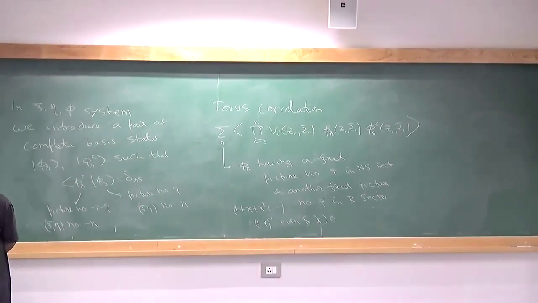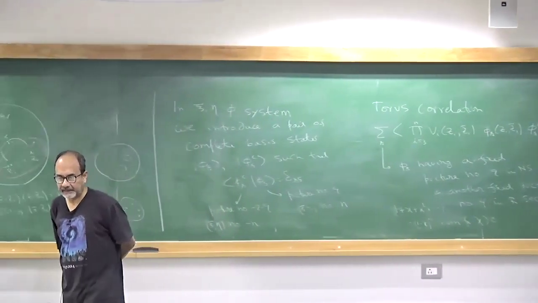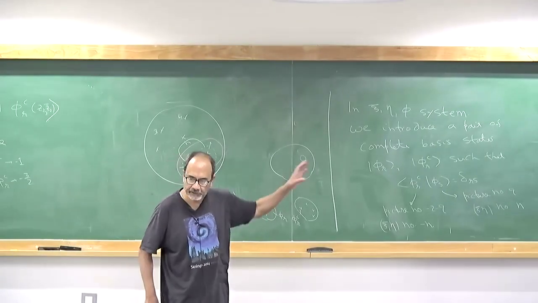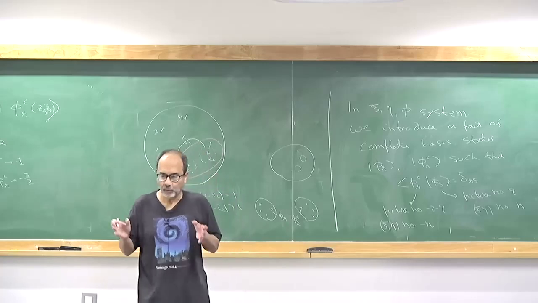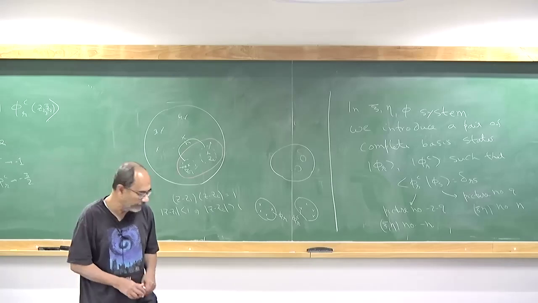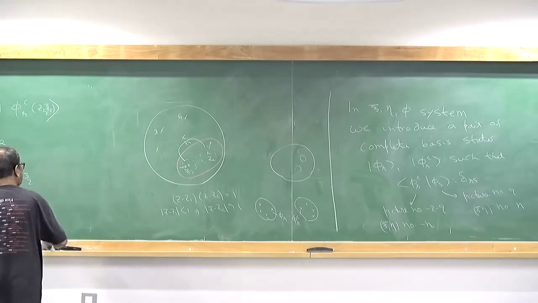Starting from the fact that on the sphere you need the total picture number to be minus 2, and this procedure, you can conclude that on the torus the total picture number should be 0. Okay, so let me state that next.